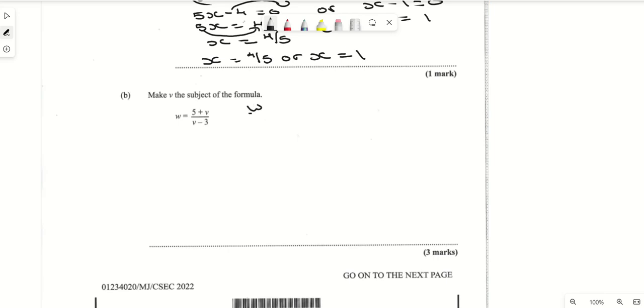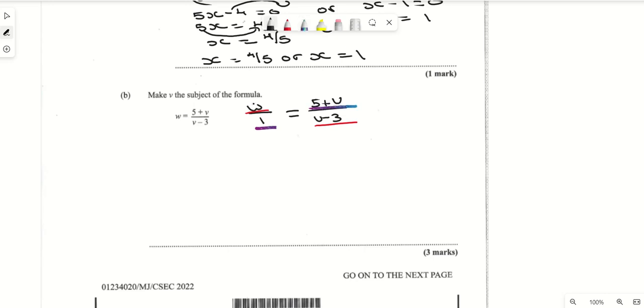When you have a question like this and you have is equal to a fraction, meaning it has a numerator and a denominator, right? 5 plus v is the numerator and v minus 3 is your denominator, we cross multiply. What that means, I'm going to multiply w by the denominator down here, and then I'm going to multiply 1 by the top part here.